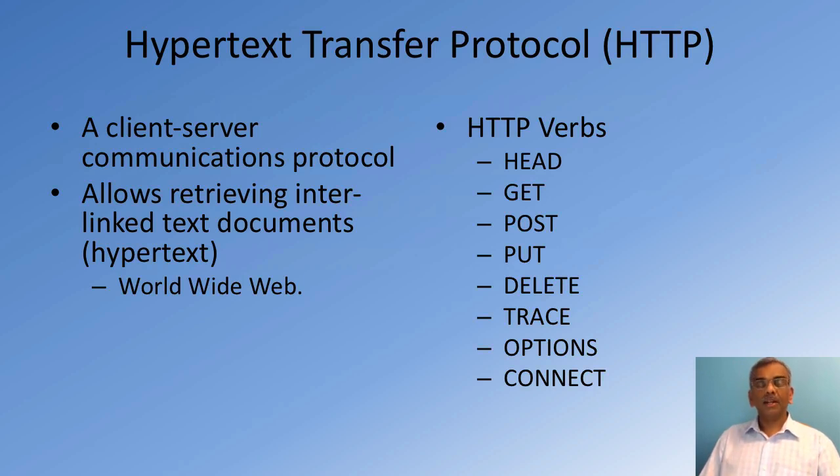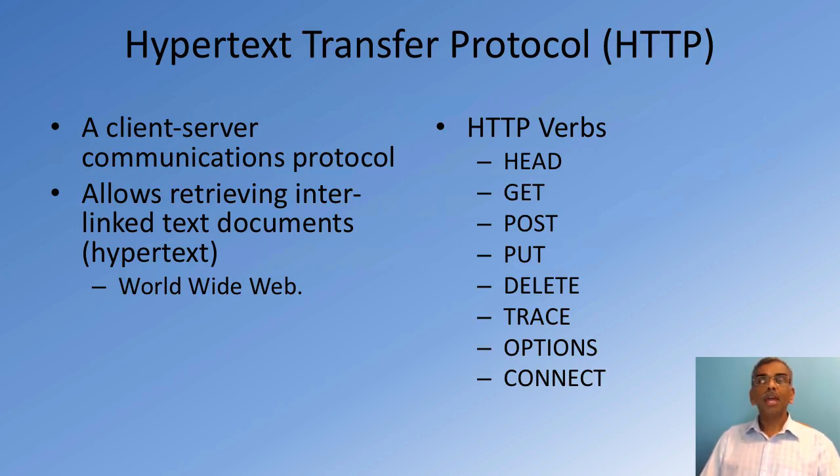So this HTTP protocol allows you to retrieve hypertext-based documents from the server side. Increasingly, the information being downloaded from the server side is encoded in one of the standard encoding formats like JSON or XML.